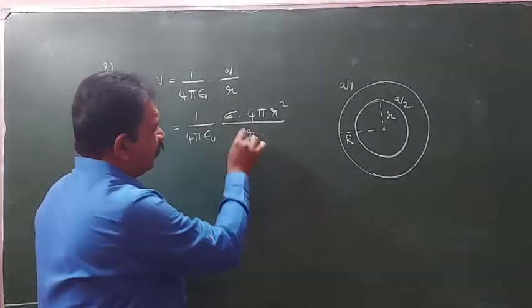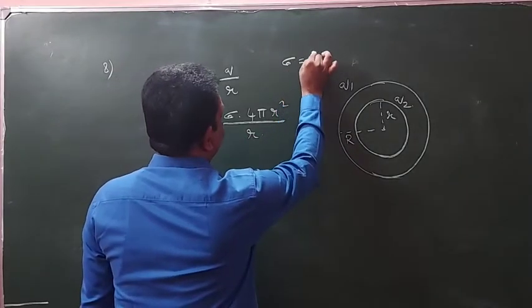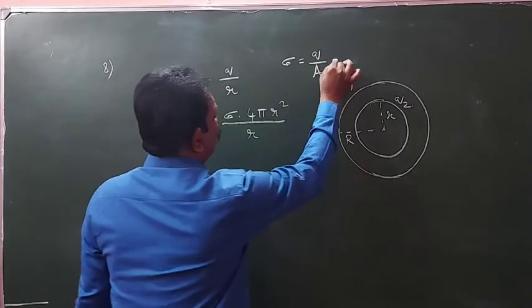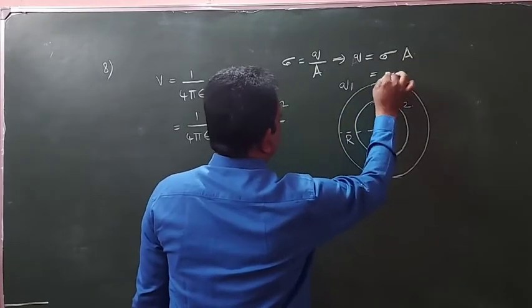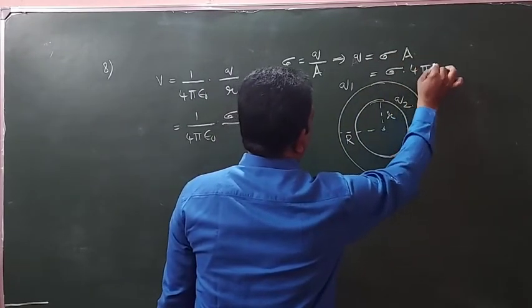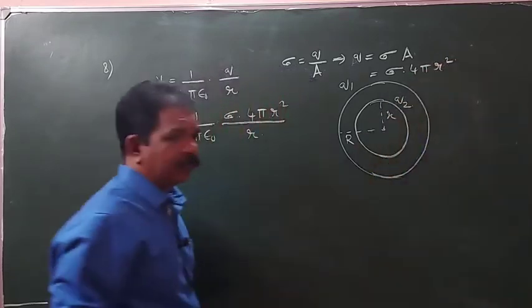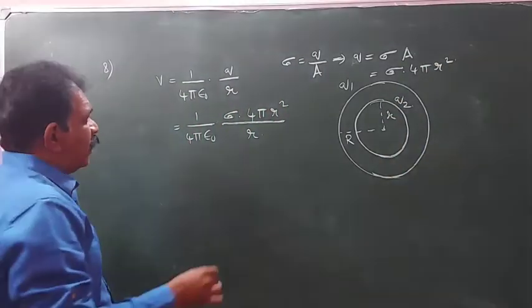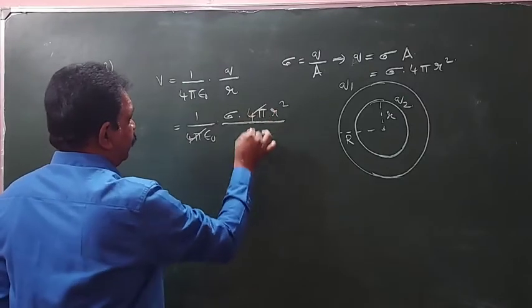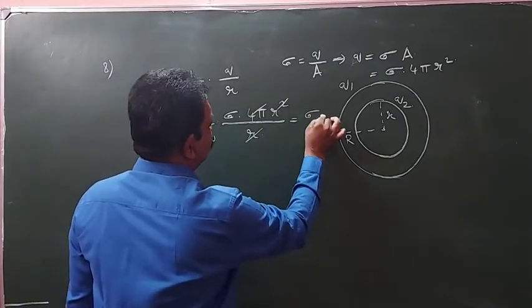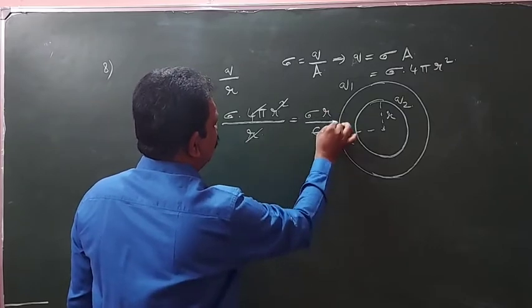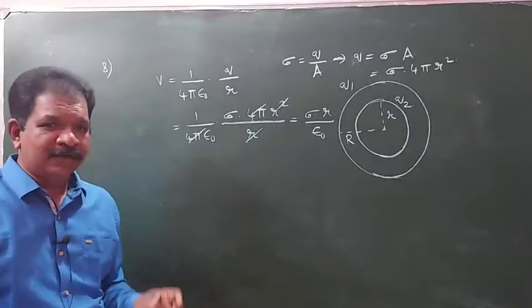Why am I writing like this? Sigma is equal to Q by A, so Q is equal to sigma A, sigma into 4 pi R square. So 4 pi will cancel, R will cancel, so this is sigma R by epsilon naught.